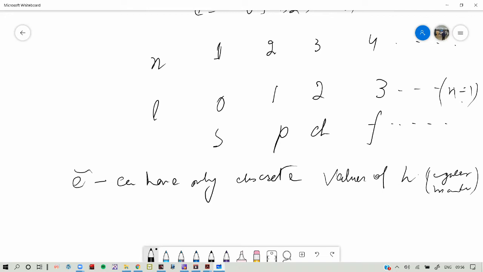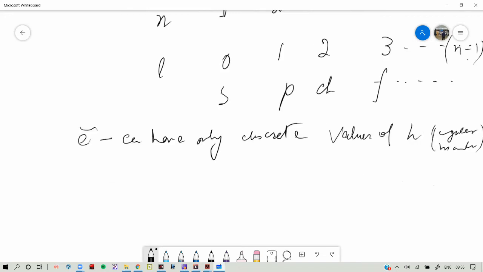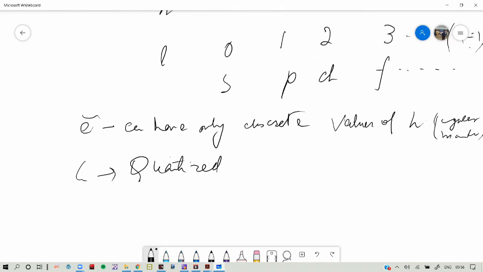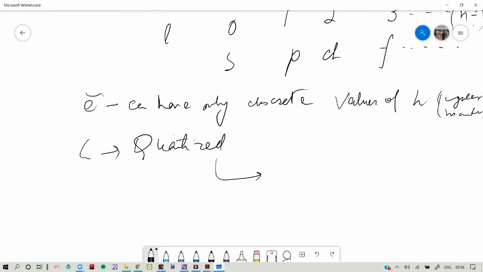So the orbital angular momentum then becomes quantized. And when it is quantized, it is determined by this small l, the orbital angular momentum or orbital quantum number.